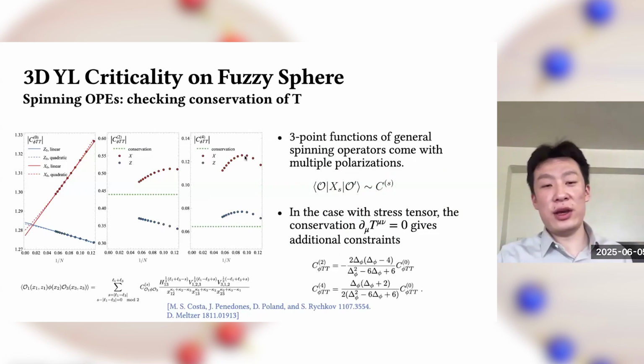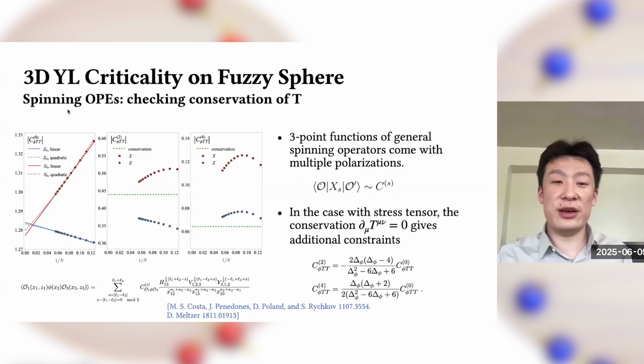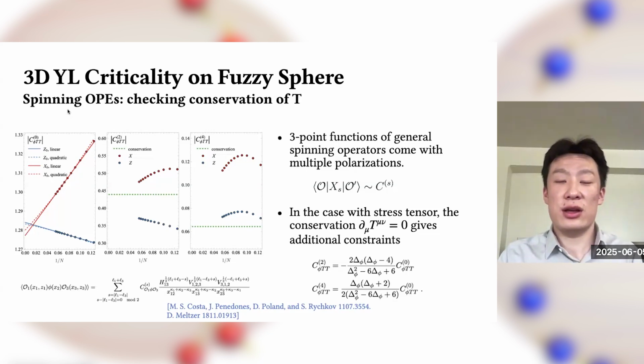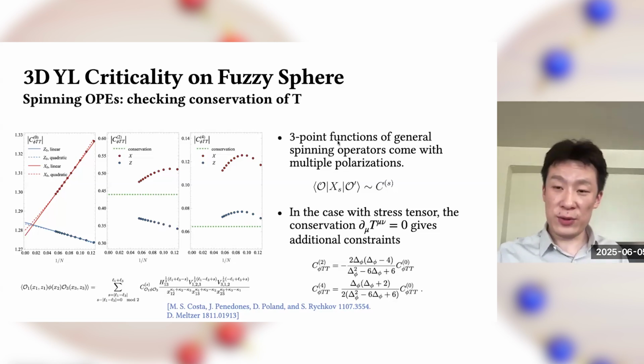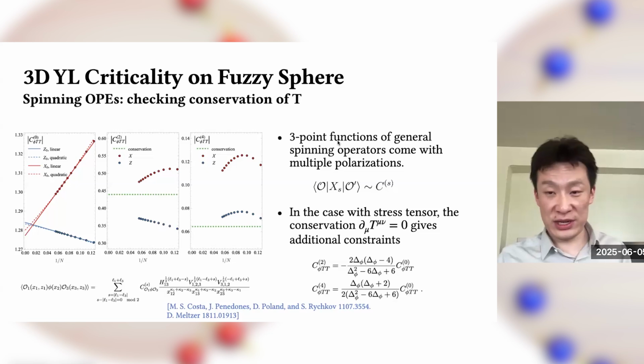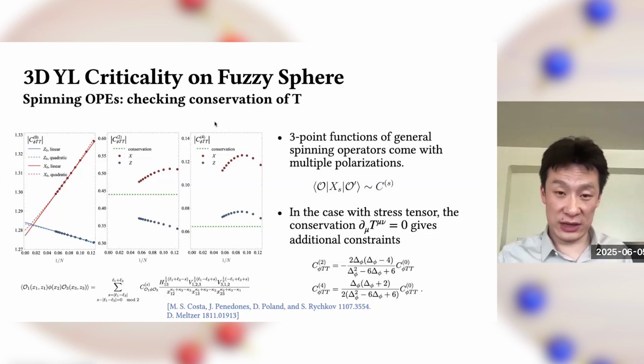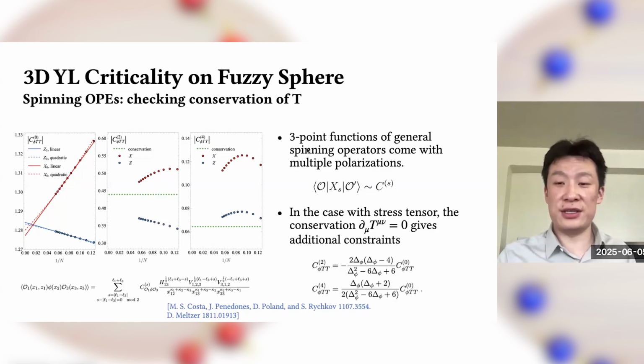Yeah, and then we can try a little bit of digging out the spinning 3-point functions, or the OPE of spinning operators. The 3-point functions of spinning operators here specifically, we tried spin-scalar 3-point functions, and they come in different polarizations, which is summarized here.